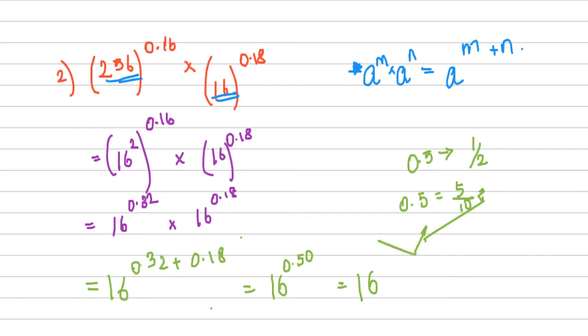So 16 to the power 1 over 2 can be written as the square root of 16, which is nothing but 4. Okay, so here we have got the final answer as 4.